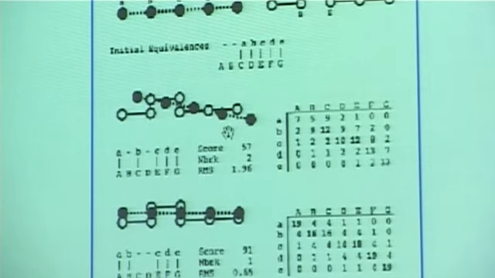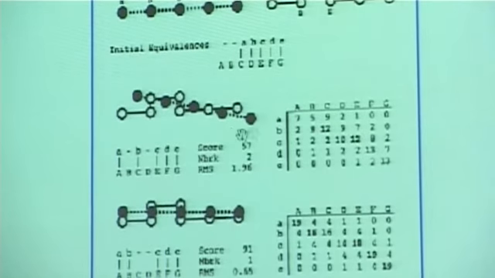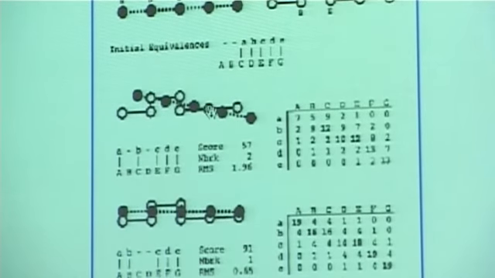If you can follow the cursor, this residue in the white protein, maybe it was matched to this one initially, but it can also be matched to this one, because it's positionally close. Also this one can be matched to this one or this one. So this superimposition gives us new alternatives about these matchings.